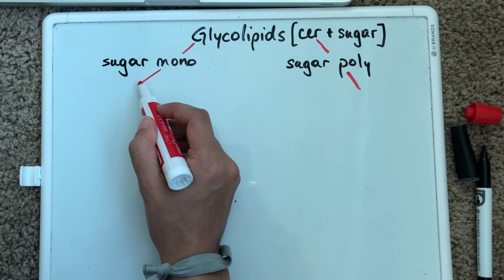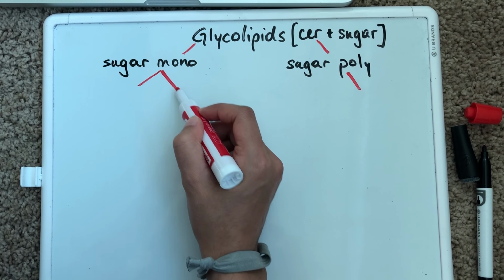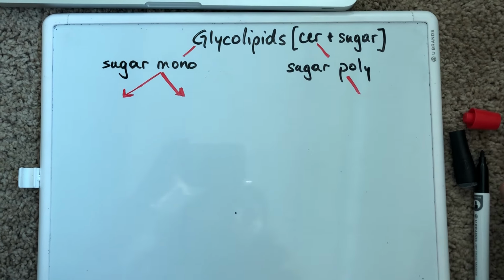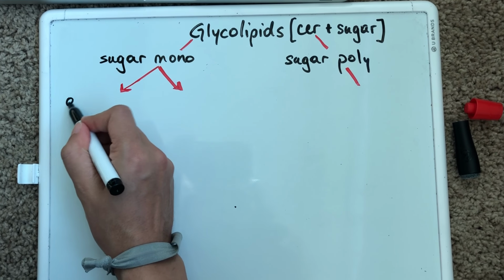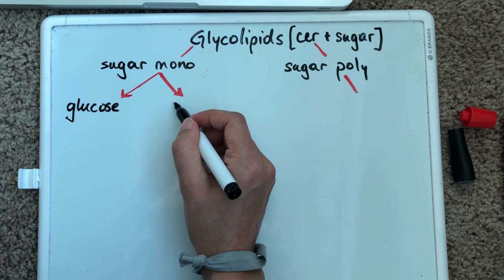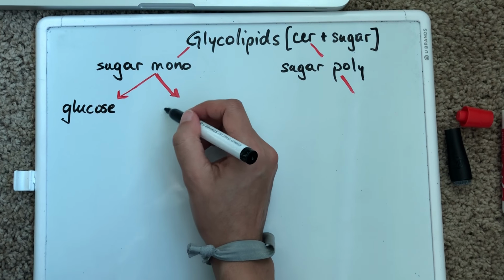So let's start off with if it's a monosaccharide. It can be either a glucose or a galactose.